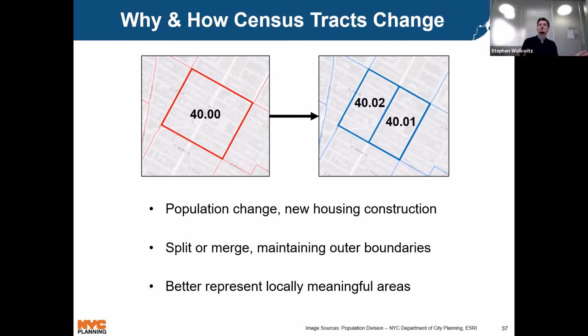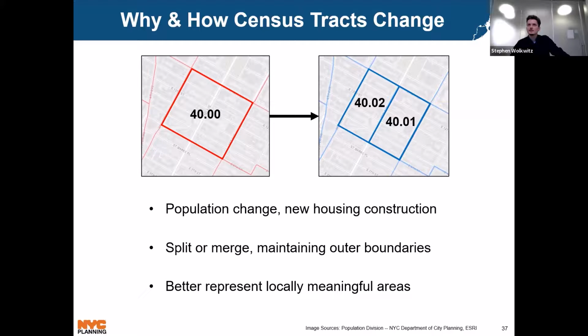And if a census tract were to lose a lot of population or lose housing units, then the Census Bureau would consider merging census tracts together to maintain, again, that 4,000 average nationally.